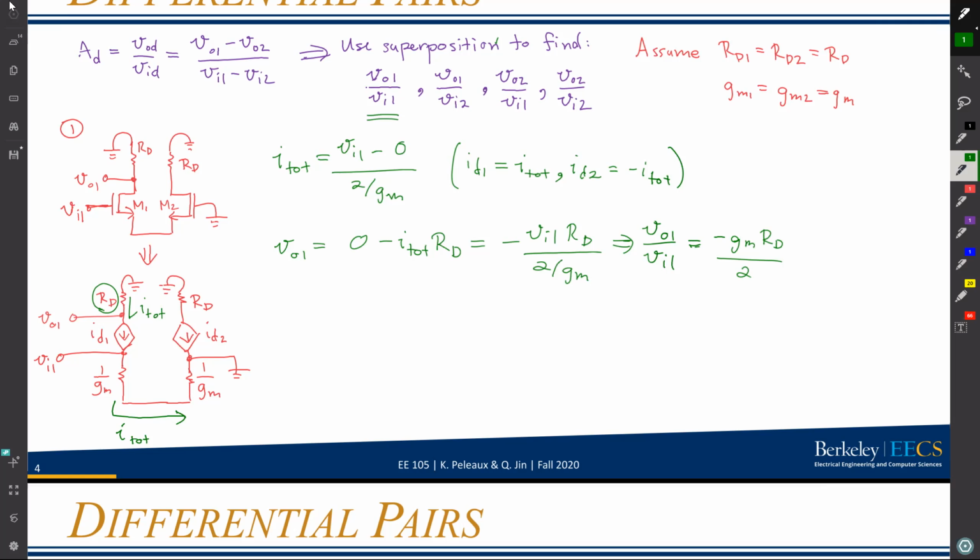Now let's find, using a similar method, and I'll change colors, the gain VO1 over VI2. So let's find how the gate voltage at M2 affects VO1.